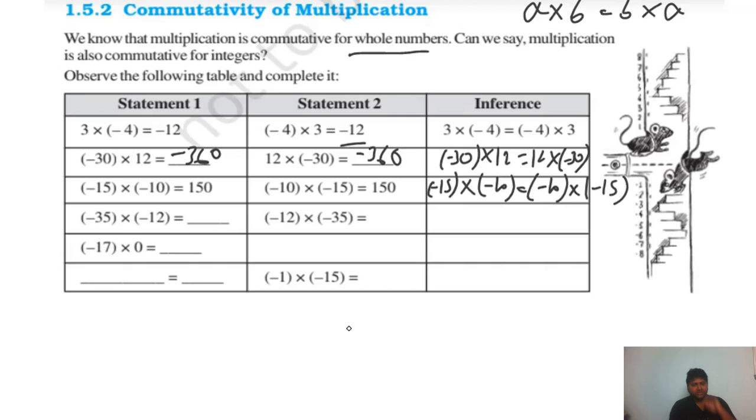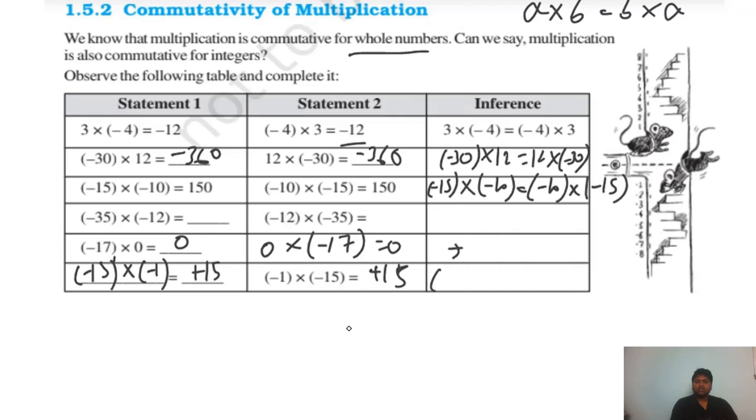Similarly, minus 17 into 0 is 0, and 0 into minus 17 is also 0, so they are equal. Minus 1 into minus 15 is plus 15, and minus 15 into minus 1 is also plus 15.